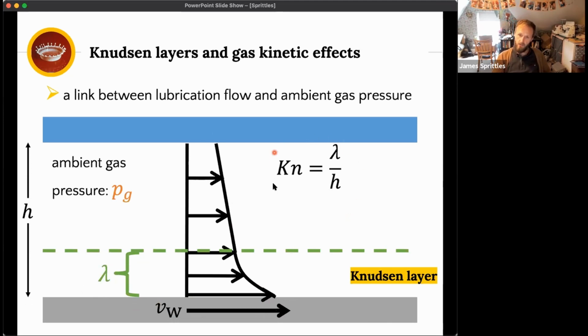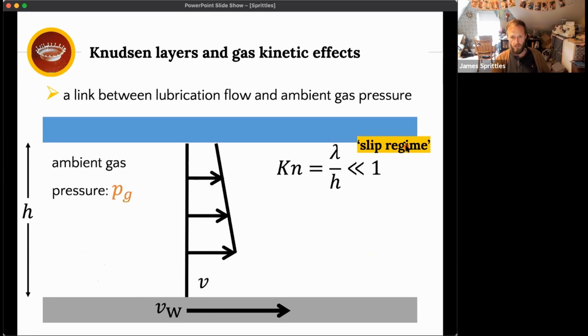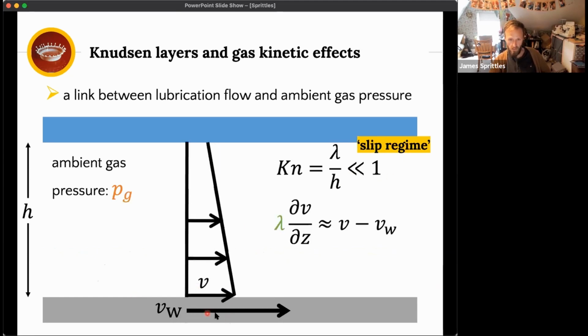This is all characterized by the Knudsen number, which is the mean free path divided by the height of this film. When the Knudsen number is much less than 1, we're in a really nice slip regime. Everything is very simple, and we can just attribute all of this nastiness to a boundary condition, which says that there is a jump in velocity at the boundary. So we no longer have no slip.